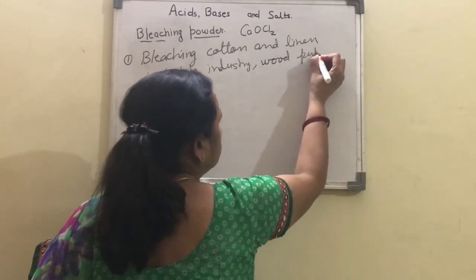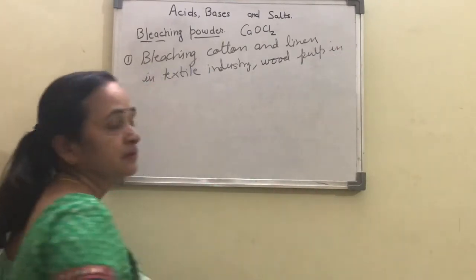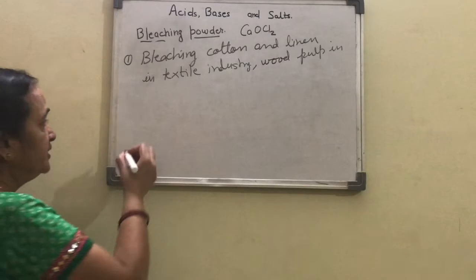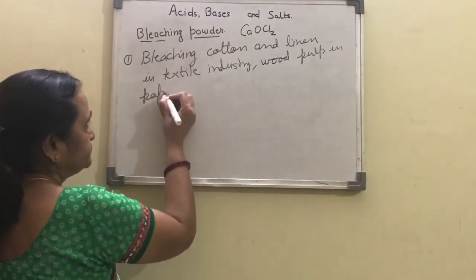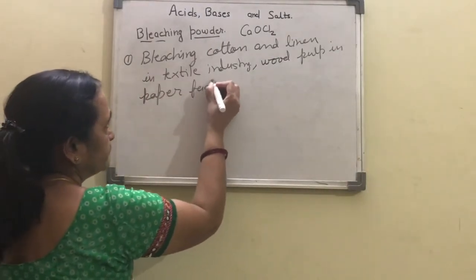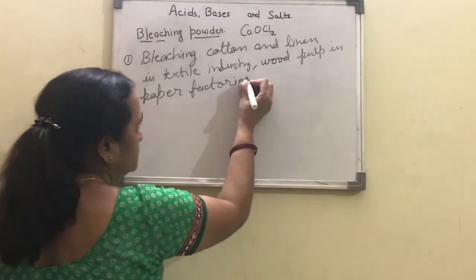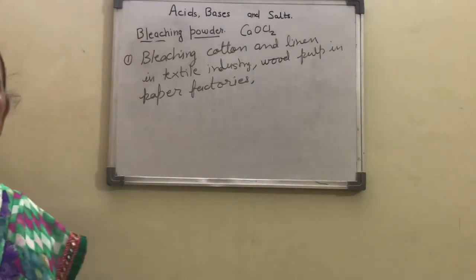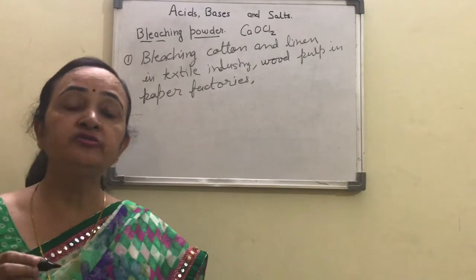Wood pulp in paper factories, okay, this you should remember. Then it is also used for bleaching washed clothes in the laundry.